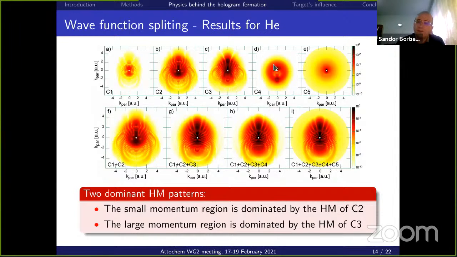The first one and the last 2 wave packets are low in intensity, so they are not so relevant.